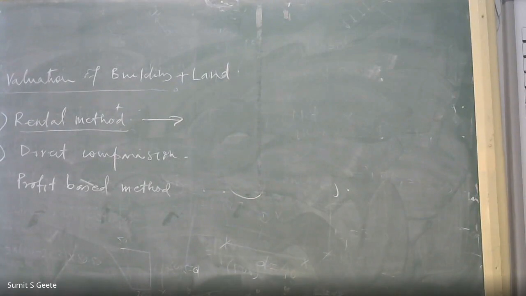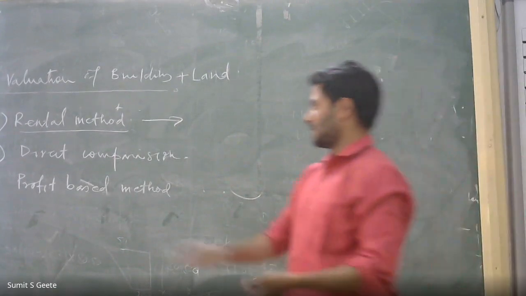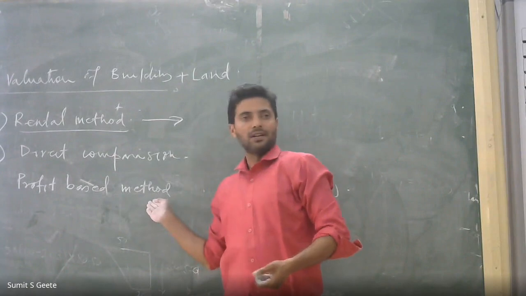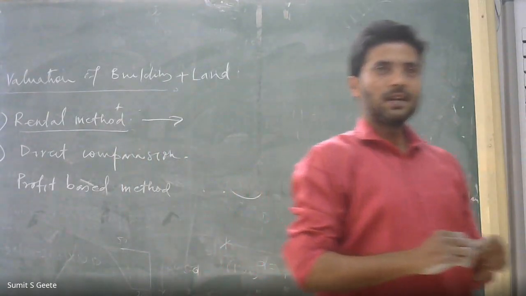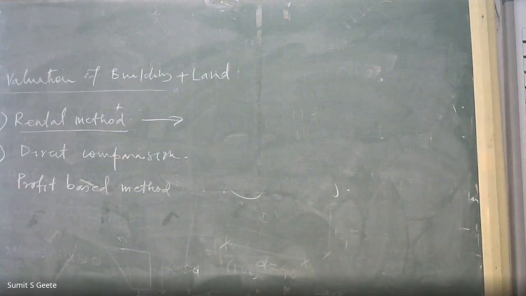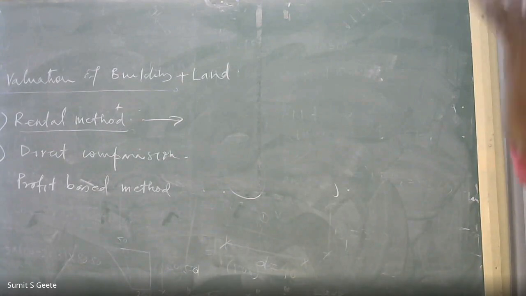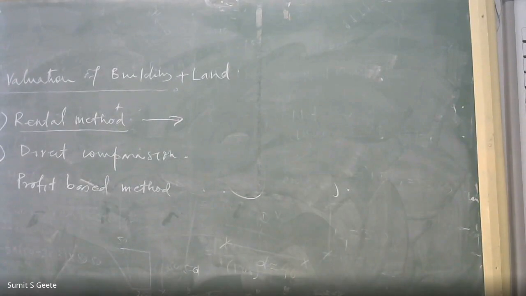So what exactly are we going to do? Profit-based method is applicable in case of commercial property. Because in case of residential property, you are not earning any kind of profit, हो सकता है अगर आपने रेंट पे दिया तो. But in case of commercial, you have your shop, you have your office, and through that there is a business, and through that business you are earning something.